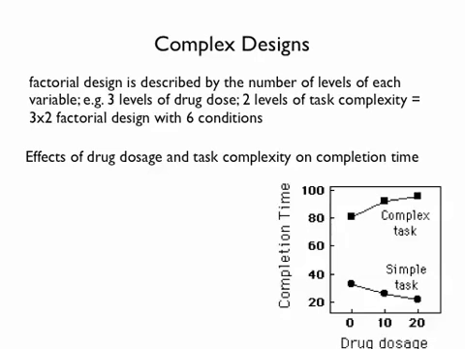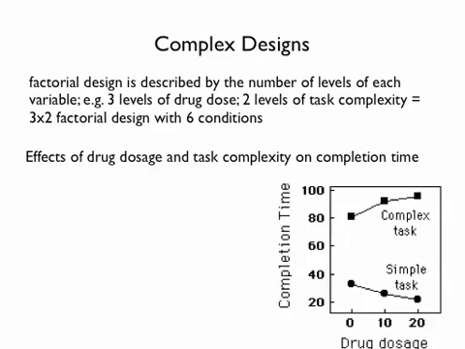But there's only 2 factors, or independent variables. One of them has 3 levels, that's 3 levels of drug dose, and the other factor has 2 levels. So this is the way that we use the terminology to describe a complex design. There's one more variable that we haven't mentioned yet, and that's the dependent variable.